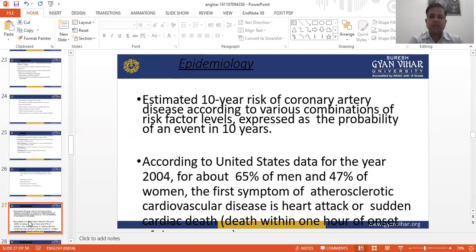According to United States data for the year 2004, for about 65% of men and 47% of women, the first symptom of atherosclerotic cardiovascular disease is heart attack or sudden cardiac death, death within an hour of onset.